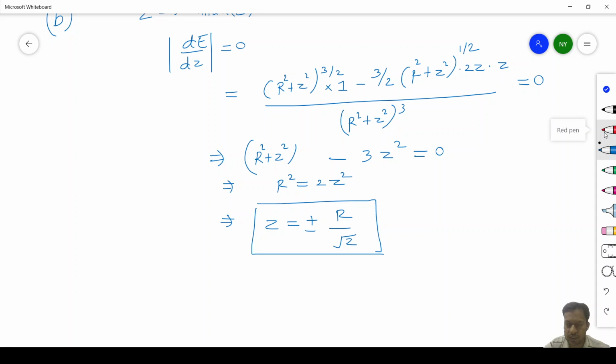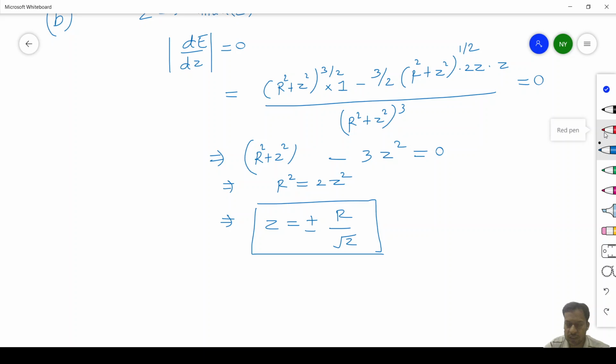In question number A, we evaluated E is equal to lambda z r upon 2 epsilon times r square plus z square power 3 by 2, in the direction of az.